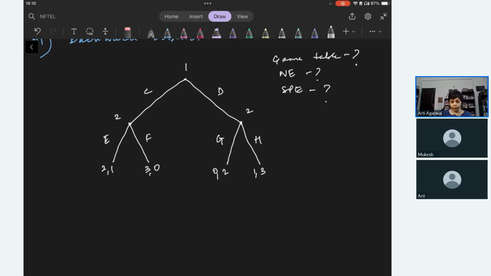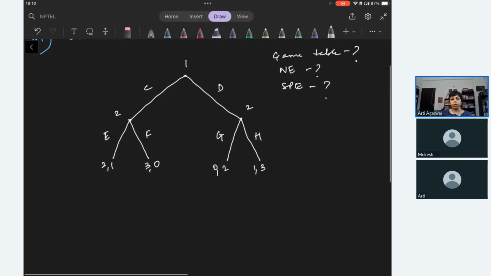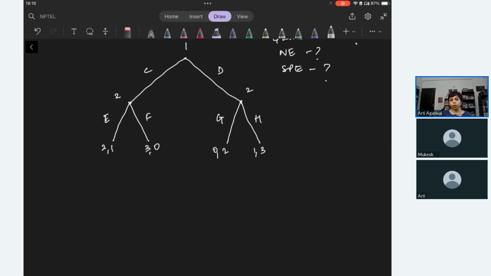That much is clear. Now player two has 4 strategies. Is that so? So now he has strategy E or F at this node. Let's call these nodes N1, N2, N3, just for identification purposes and just so we are all on the same page.